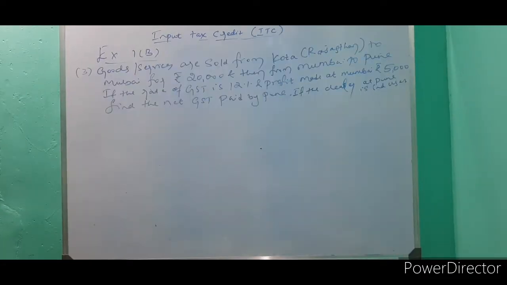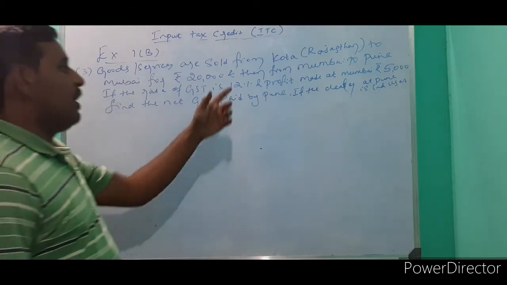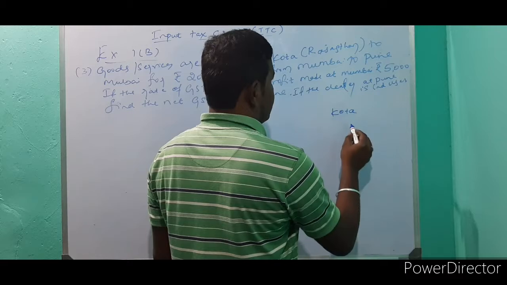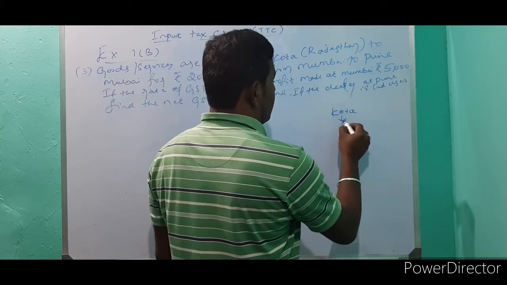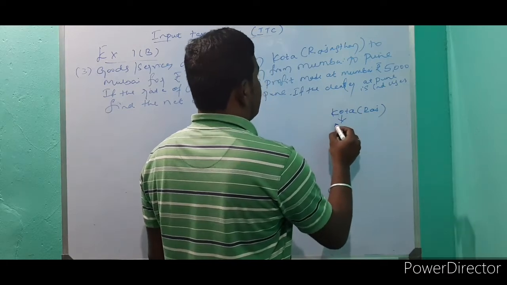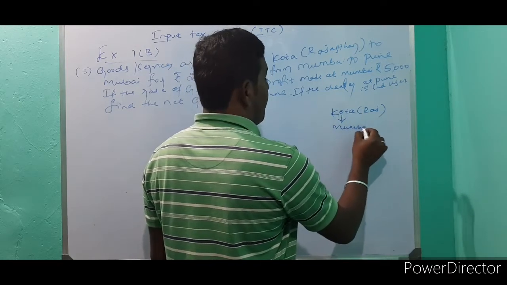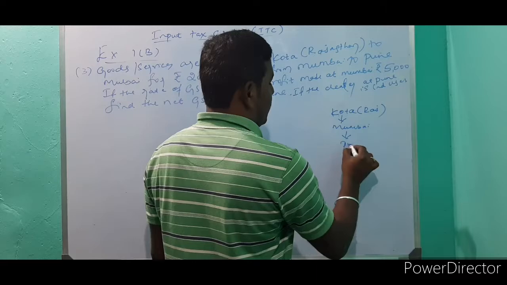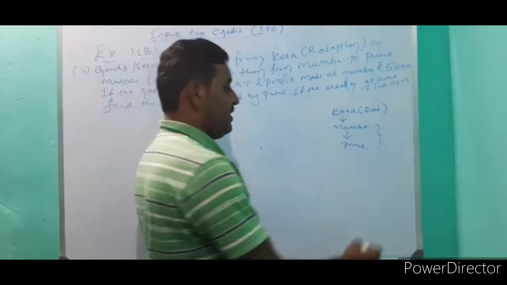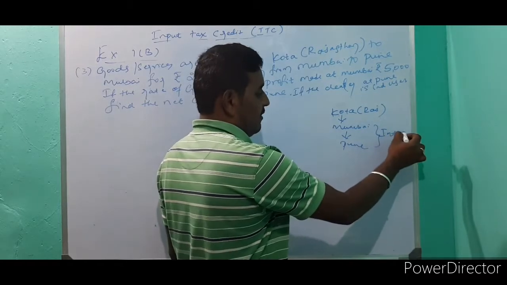Next problem. Goods are sold from Kota, Rajasthan, Kota is in Rajasthan, to Mumbai to Pune. Mumbai or Pune both are same state, intra.